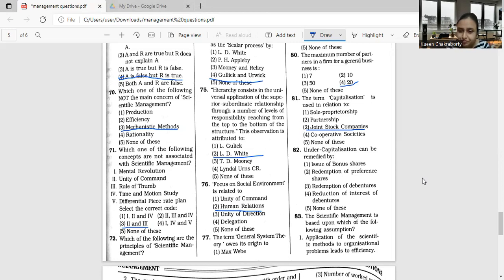Basically, a company is undercapitalized when its actual capitalization, that is the total long-term resources, is lower than its proper capitalization as warranted by its earning capacity. Right, so such a company will earn considerably more than the prevailing rate on its outstanding securities.